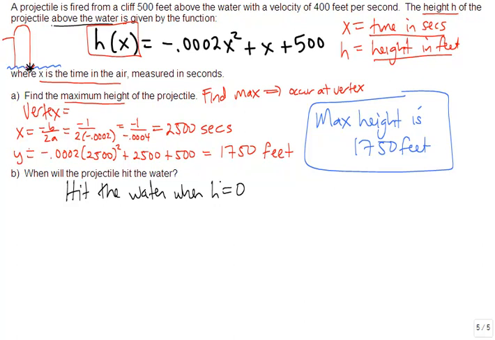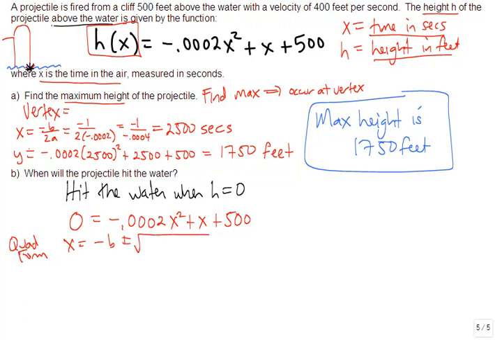So all we have to do to answer this question is plug in 0 for this h over here. So we're going to get the equation 0 equals negative 0.0002 x squared plus x plus 500. And this is kind of messy because of the decimals, so you're going to want to probably avoid factoring and just jump right in with your quadratic formula, which says that x equals minus b plus or minus the square root of b squared minus 4ac all over 2a.